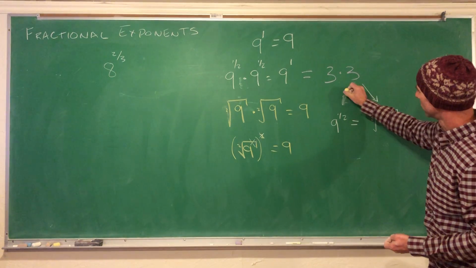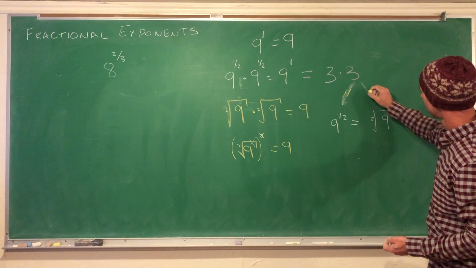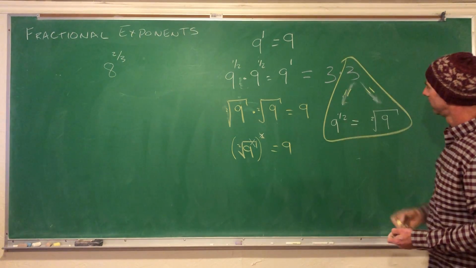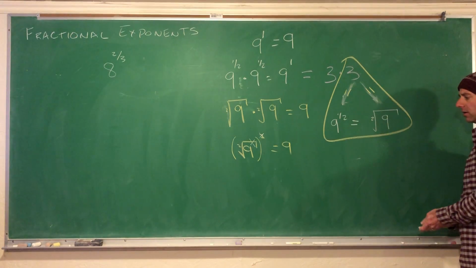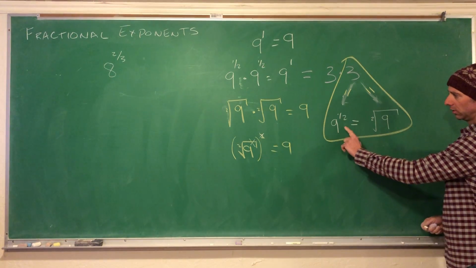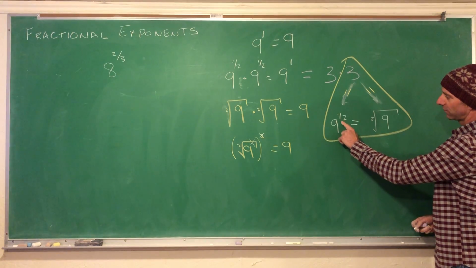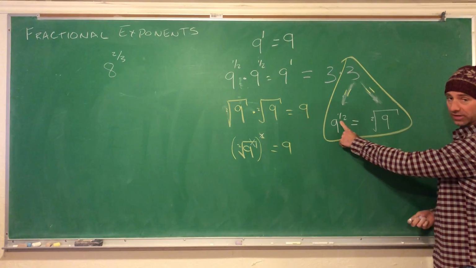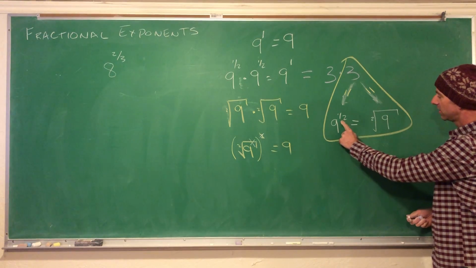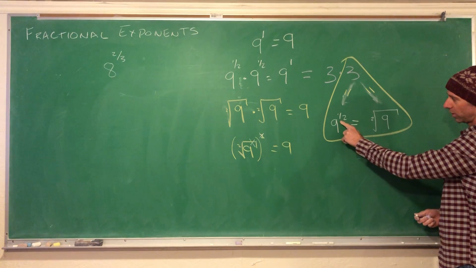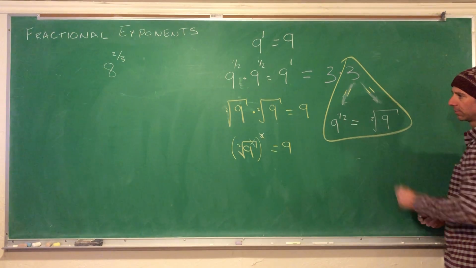And you remove those, put equal signs. So what we have shown, I hope I've convinced you, is that a fractional exponent, for example 1/2, is the same as the square root.